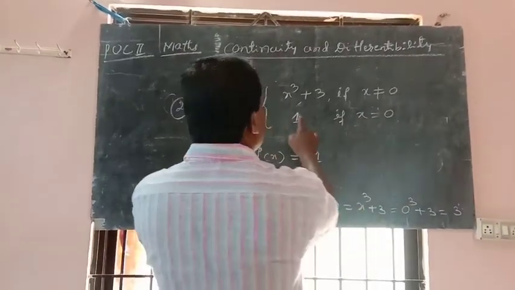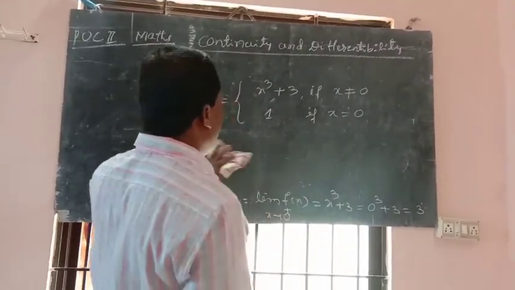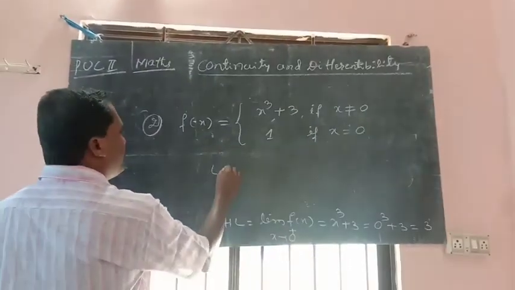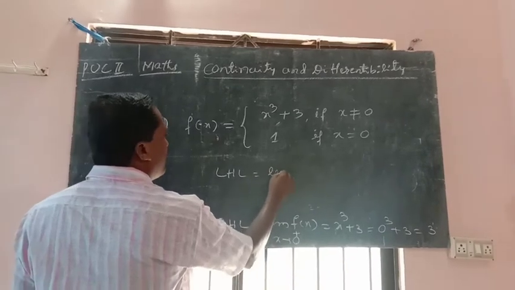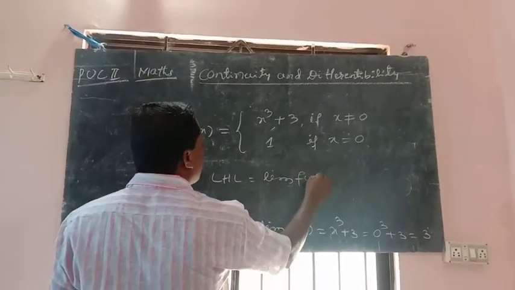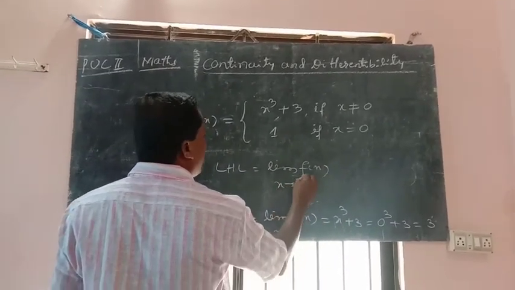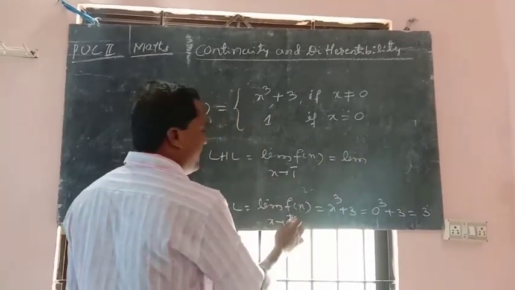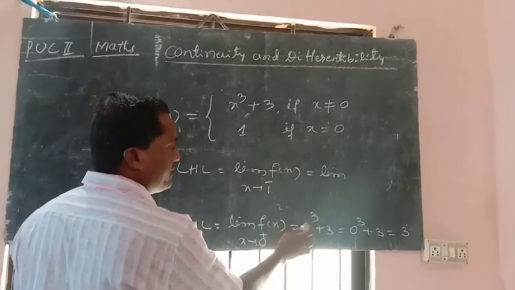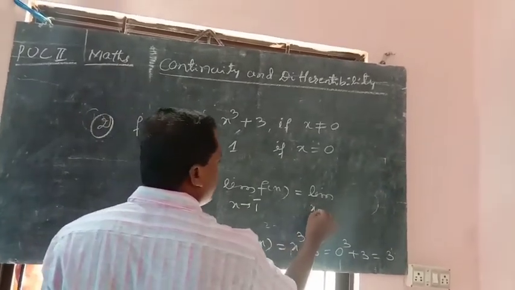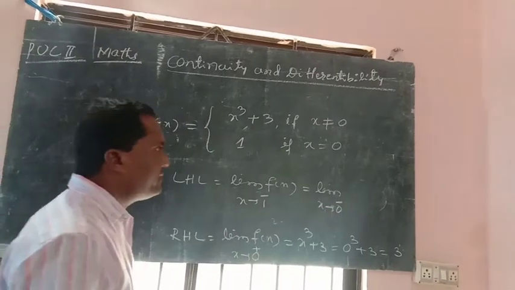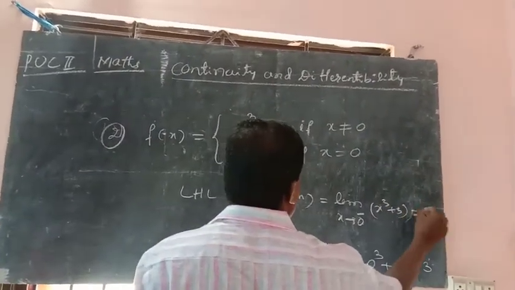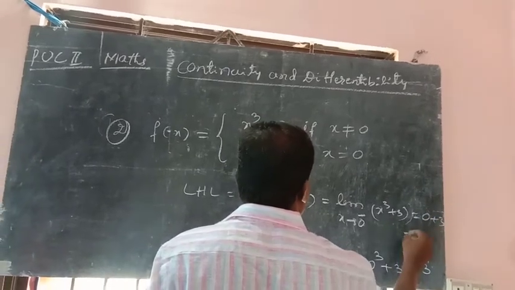Similarly, the function is constant, and this function is variable. LHL I take is limit f of x as x tends to 0 minus, which is x cube plus 3 equals 0 plus 3, which is 3.